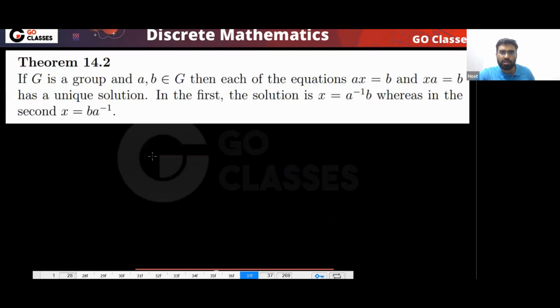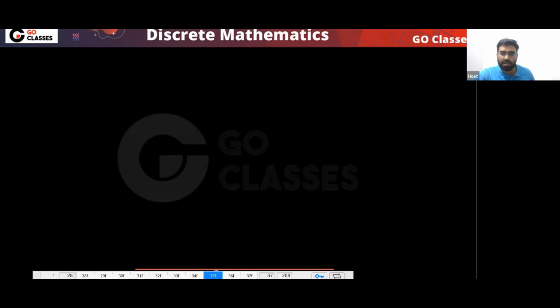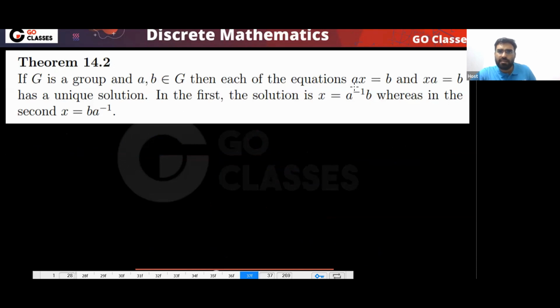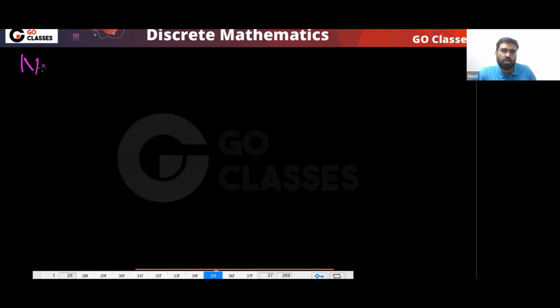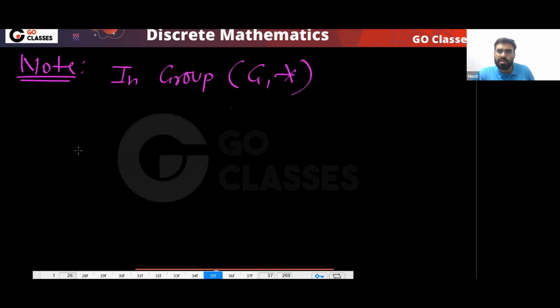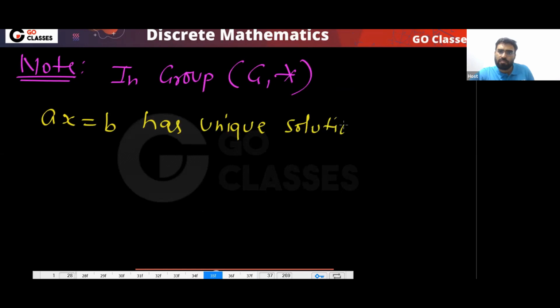So finally, this is the theorem, and this theorem is important. In a group, if you have a group G comma star, this equation ax equal to b has a unique solution.